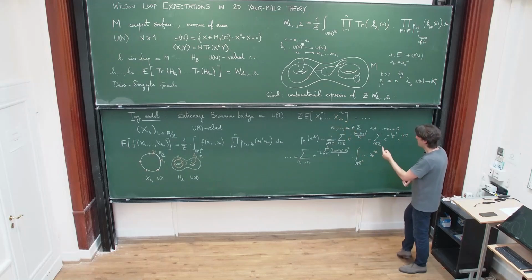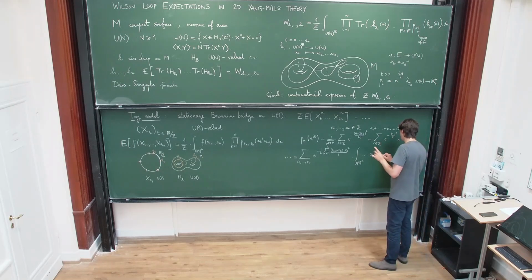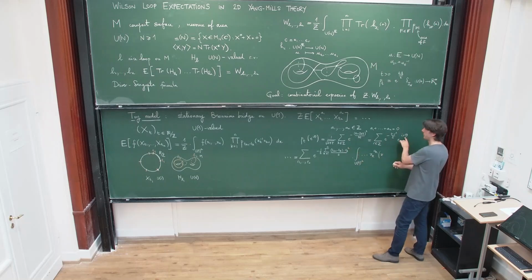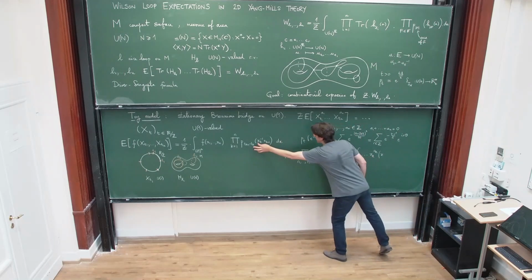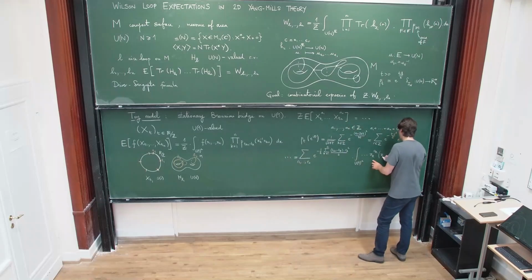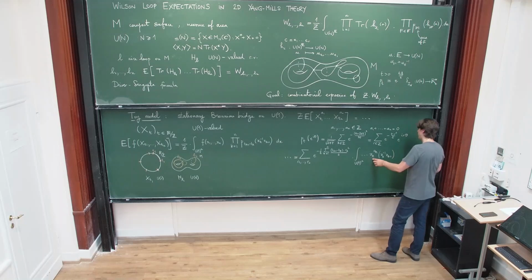Then we have the heat kernel on the interval between t_k and t_{k+1}, which will produce a term in x_k and x_{k+1}, to the r_k, thank you.